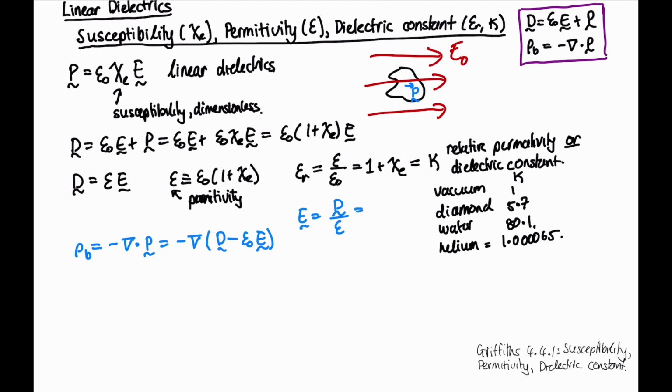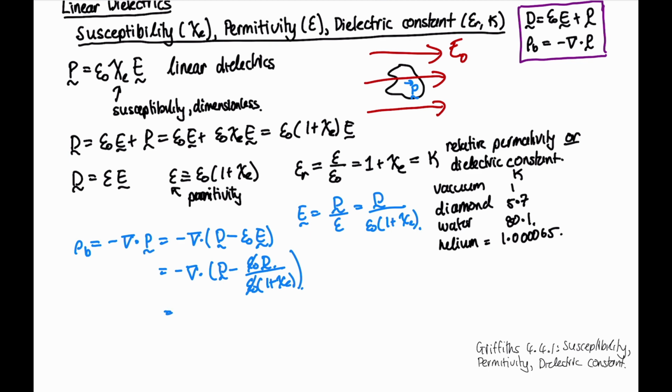So this is equal to D over epsilon naught times 1 plus the susceptibility. And so we're going to substitute that in here. So this is equal to minus the divergence of D minus epsilon naught D over epsilon naught times 1 plus the susceptibility. And now you can see these epsilon naughts will cancel out.